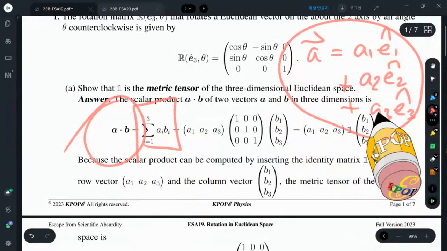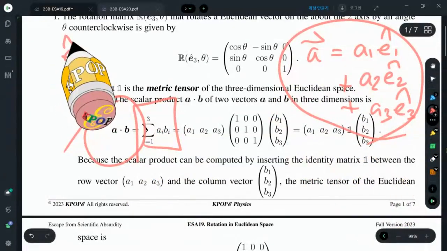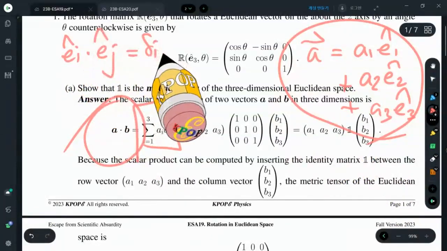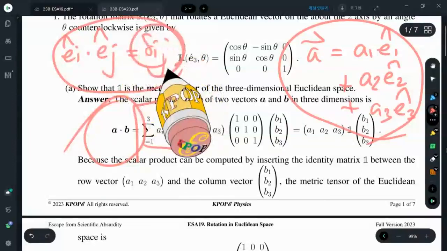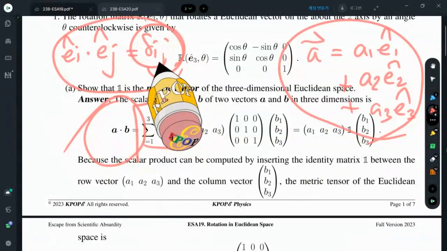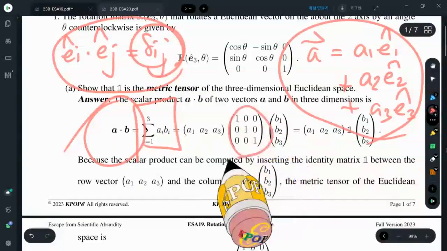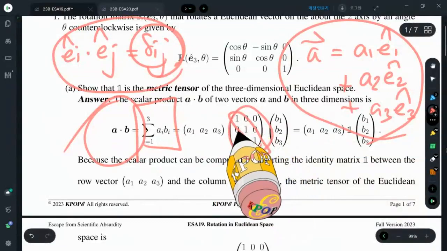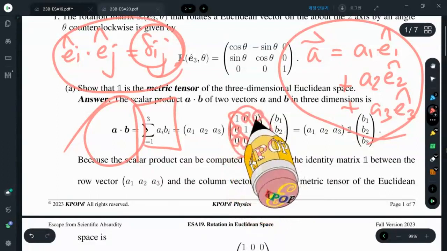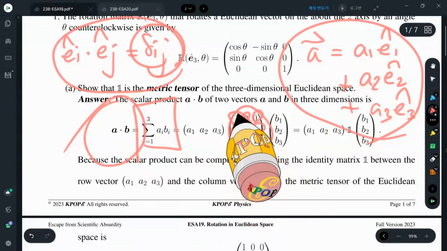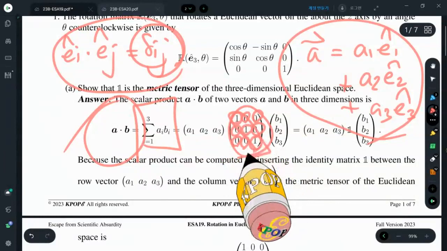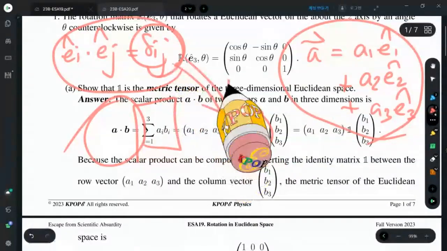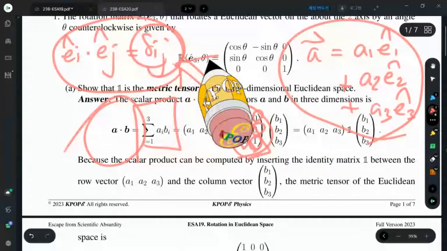This is true only for the case e_i dot e_j is a Kronecker delta, and that Kronecker delta is the ij element of this simple matrix that is the identity matrix, where every off-diagonal element vanishes, and only the diagonal elements are exactly one. These two are equivalent.